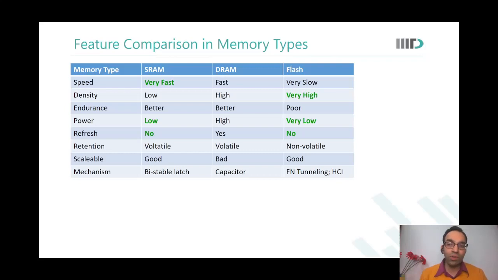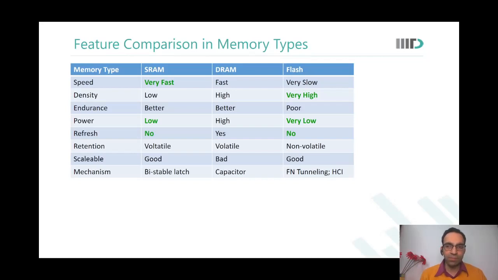So scalability goes for a toss, because less charge means the charge would become unreadable much earlier than in the previous technology. It means the refresh frequency has to be increased, and the memory would not be accessible during all those refresh cycles, which means the overall throughput I can expect from this memory would reduce. That is why we say it is bad in terms of scalability.